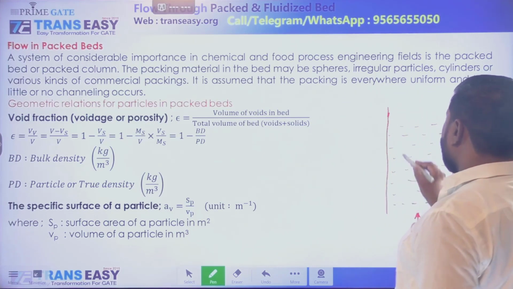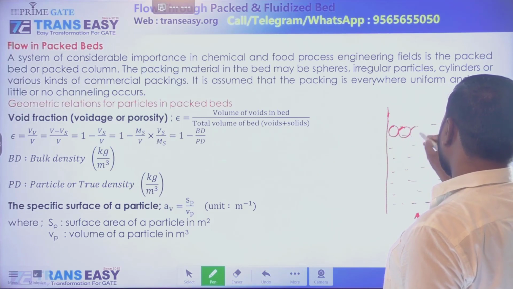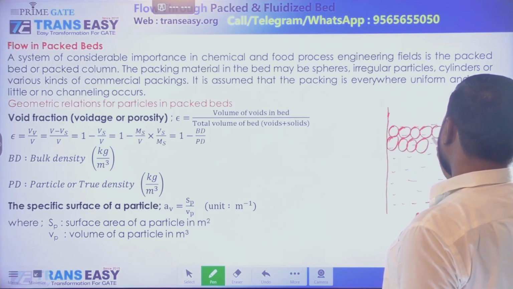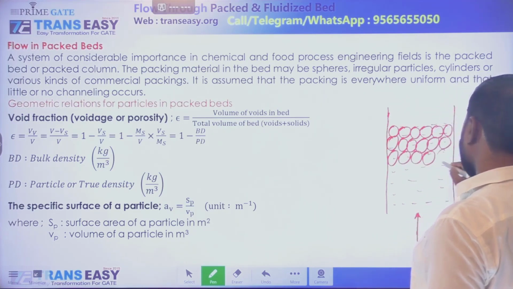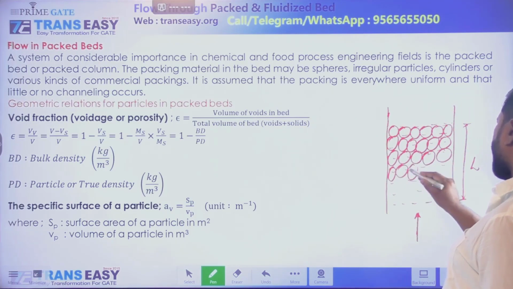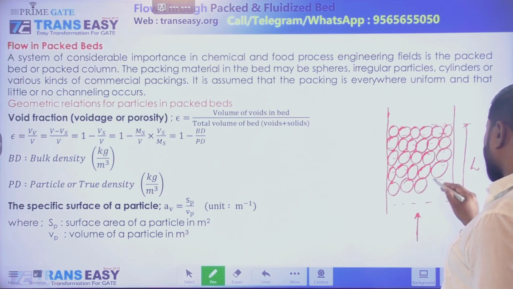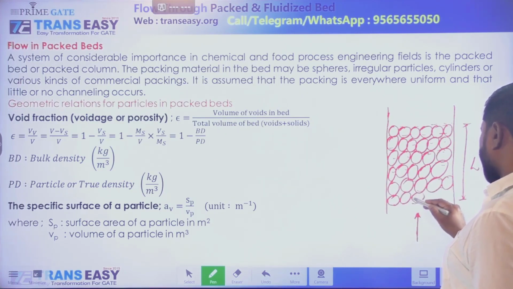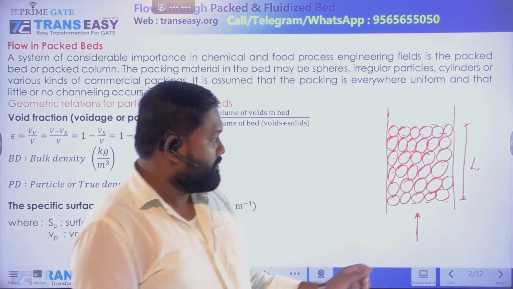So guys, we have solid particles of any shape, right? Maybe spherical, cylindrical, irregular, or commercial packing like chocolate packing, right?